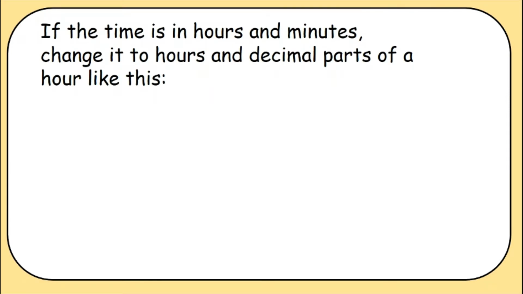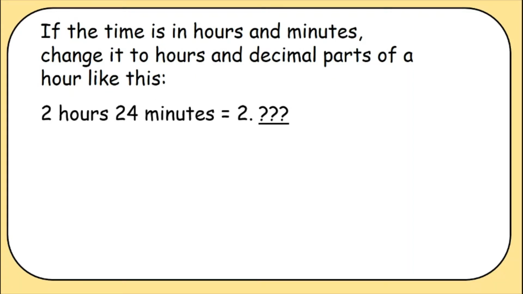Sometimes, however, and much more common in life in reality, is where we have been given time in hours and minutes. So for example, we might be told something's going to take 2 hours and 24 minutes, and we want that as a decimal. Now the 2 hours is quite simple, that's just going to be 2 point something. The problem is working out that something.